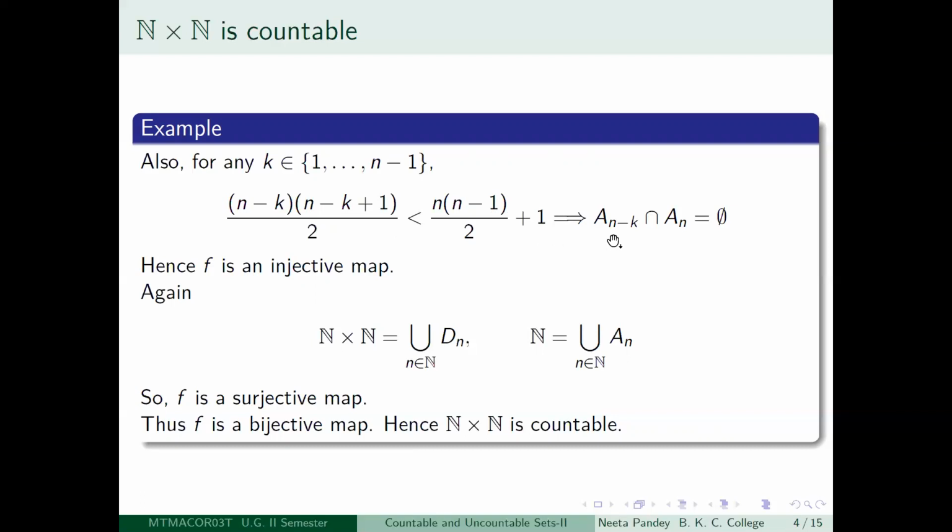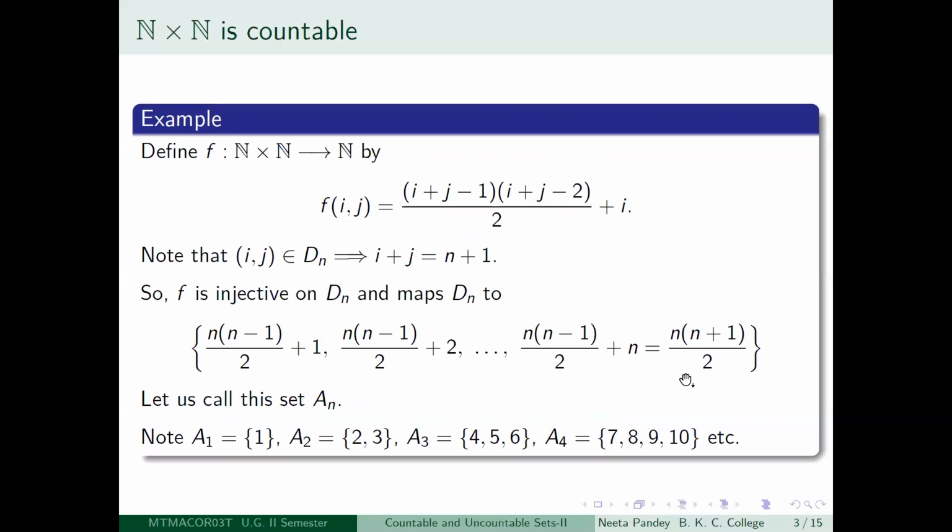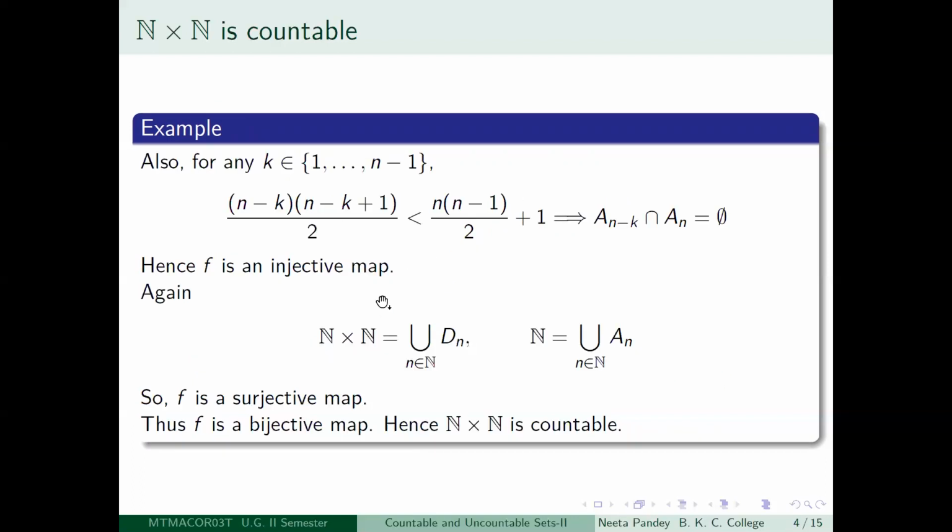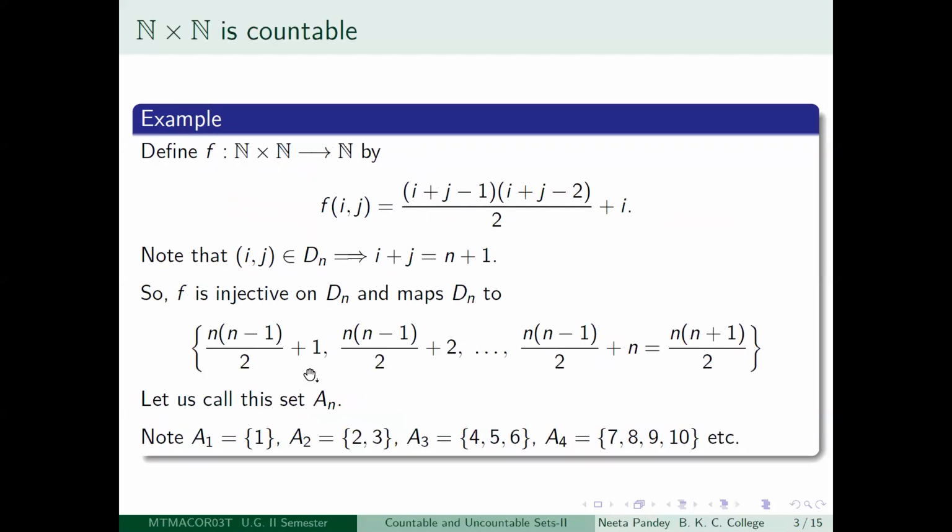So if you look at a n minus k, a n minus k is going to end at n minus k into n minus k plus 1 by 2, right? So it is going to end at this particular number, and your an is going to start with n into n minus 1 by 2 plus 1.